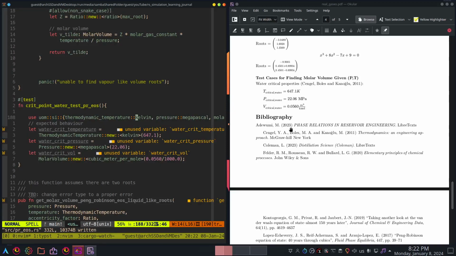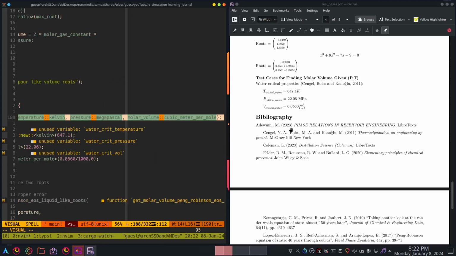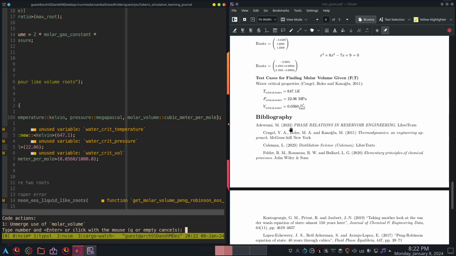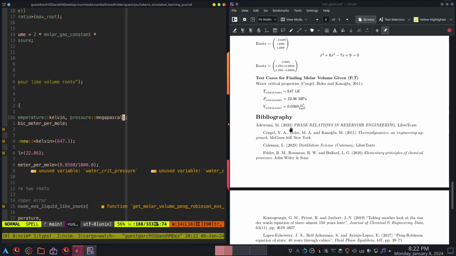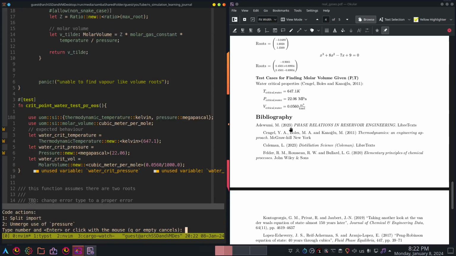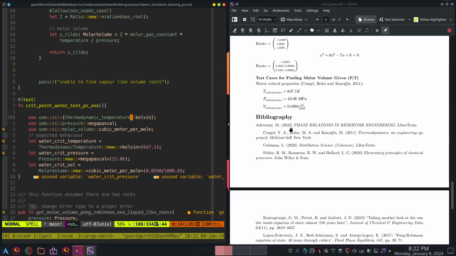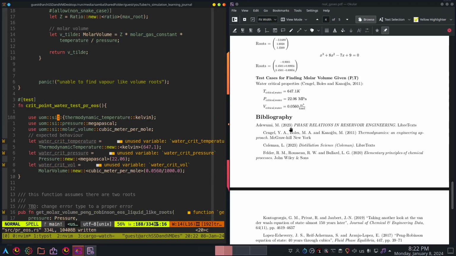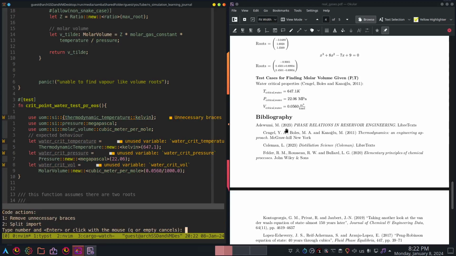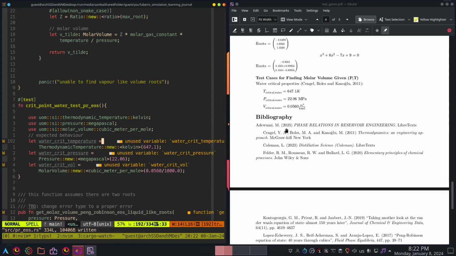So if you want to import multiple things, you have to use this syntax: use uom si, and if you want to do multiple, just have them all in the brackets. I prefer to separate them if possible. This makes it a bit longer, but it's slightly more legible. Let me remove the brackets, and there we go.